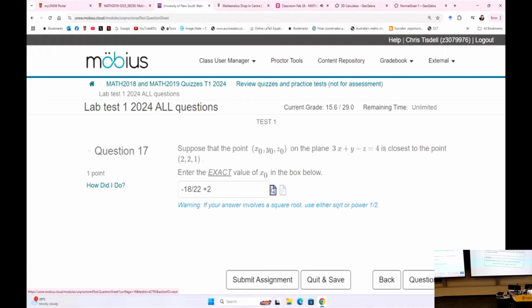Well, here it is. Suppose you've got a point on a plane, you want to compute the point that is closest to 2, 2, 1. Enter the exact value. So if there's square roots or something, you want to put in the square root sign. All right, let's come back to the two constraints thing in a minute.